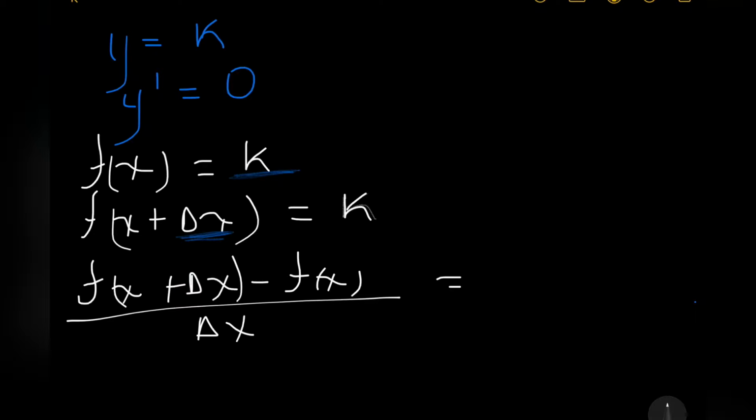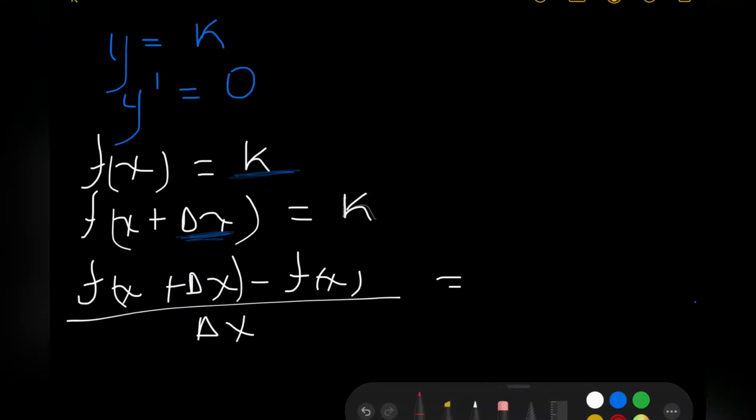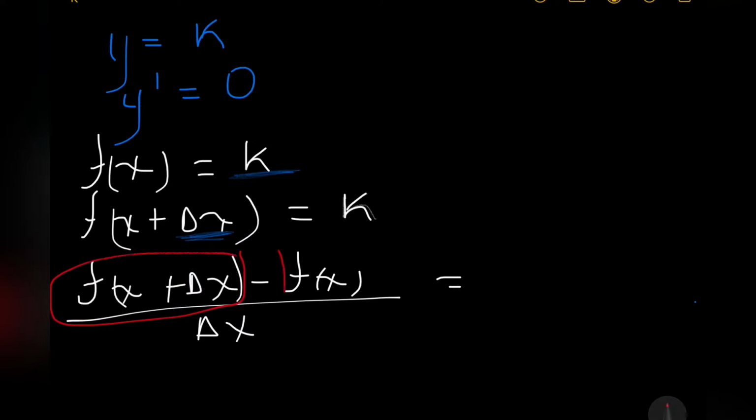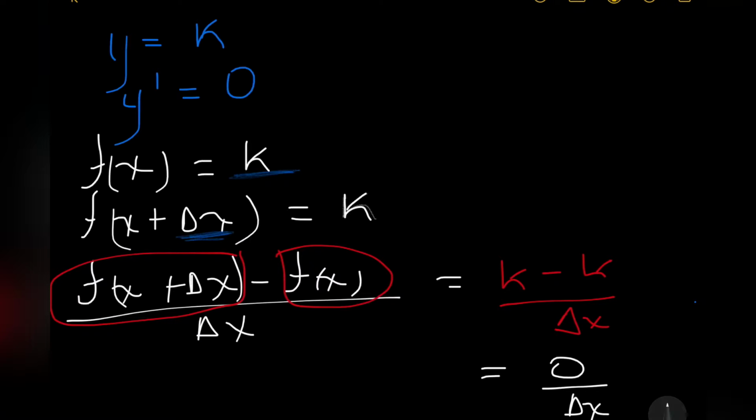At this stage we have k for this portion, and this portion is also k. So k minus k over delta x. Whatever value k is, when we subtract that, we'll have 0 over delta x. And 0 over delta x is equal to 0. Our next step is to find the limit of whatever we got in our third step as delta x approaches 0.